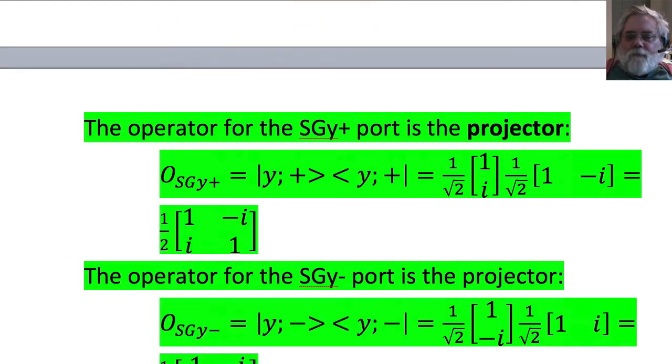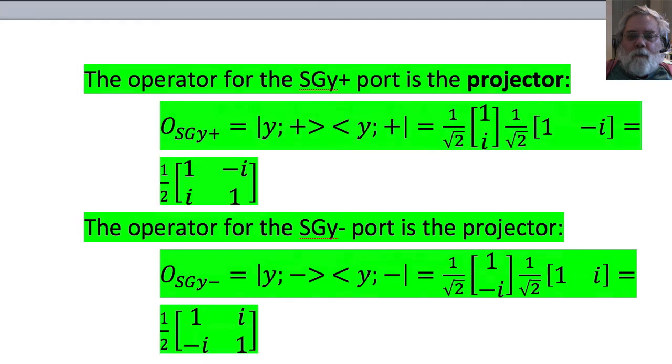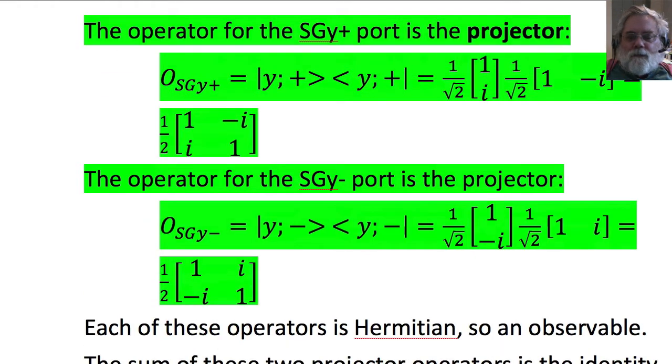A projector for the SGY plus port, ket y plus, bra y plus, column vector form, row vector form, multiply them together, we get a 2x2 matrix. You can easily see that the matrix is Hermitian. Do the same thing for SGY minus.